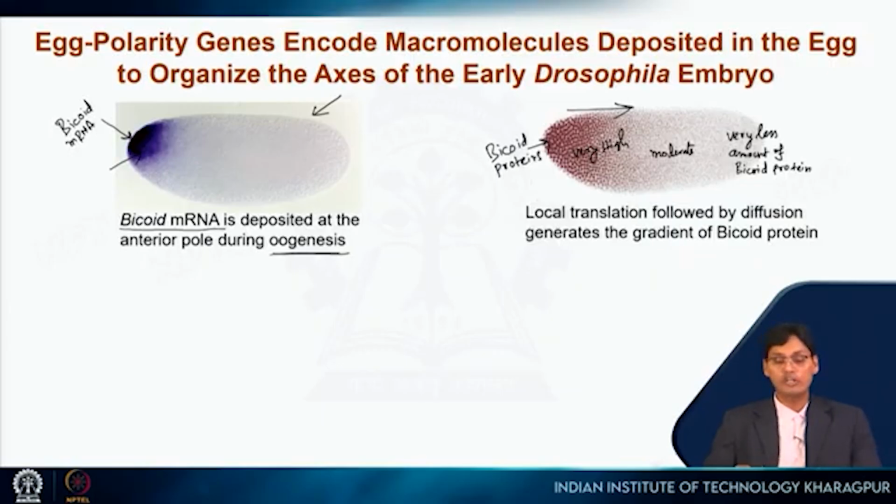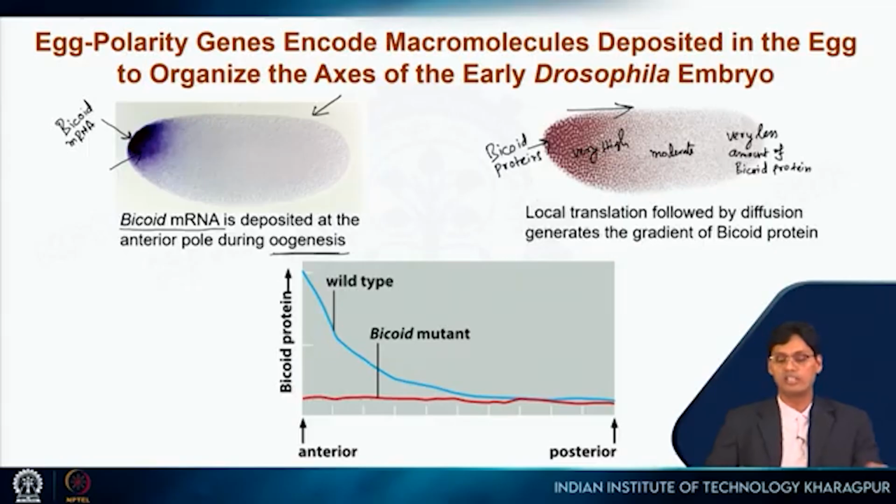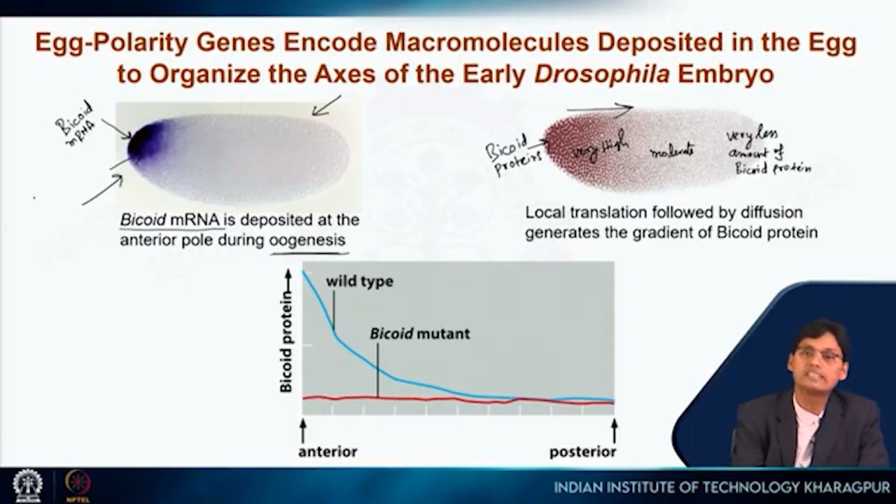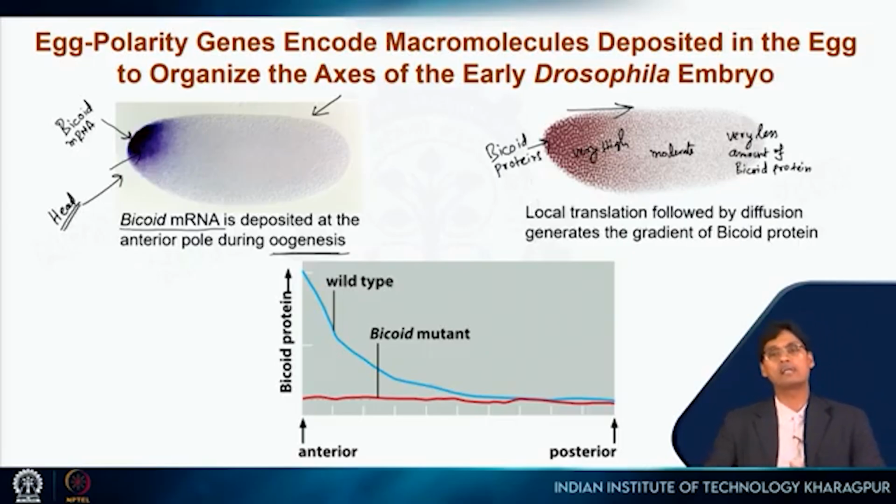Particularly bicoid proteins or bicoid mRNA, wherever they are concentrated at one pole, that should be the head of Drosophila. So finally this end will be the anterior side, this side will be the head part after so many rounds of cell division going on and on.